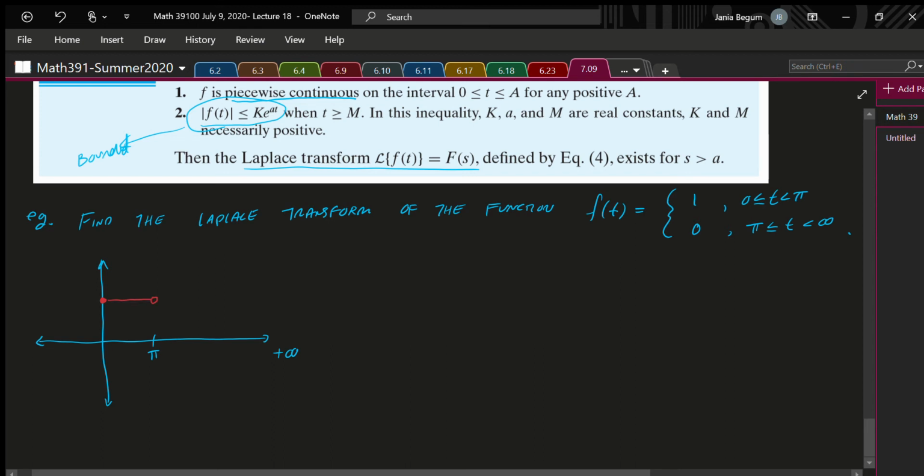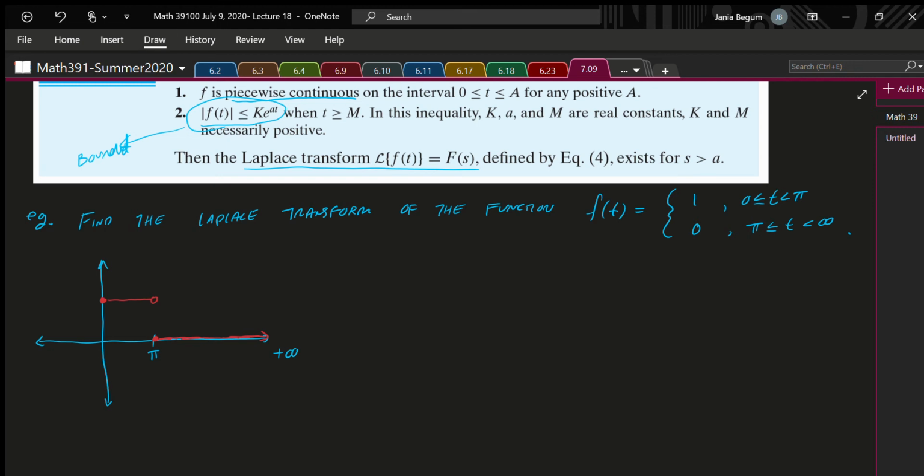And then from pi to infinity, we just have the constant 0 function. So here we have a piecewise continuous function on an interval 0 to infinity. And the theorem says if that's the case, and if f of t is bounded, this is definitely bounded, so we can find the Laplace transform.